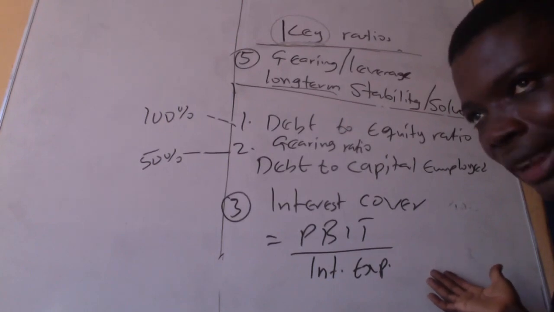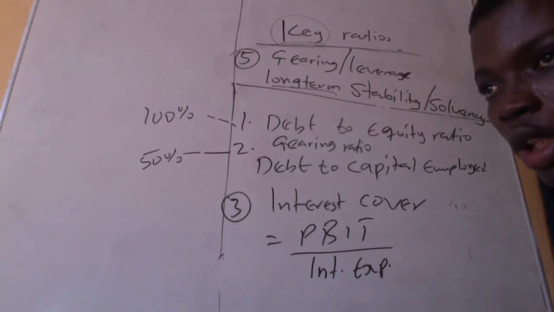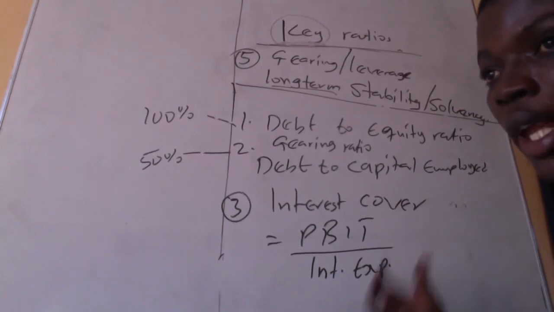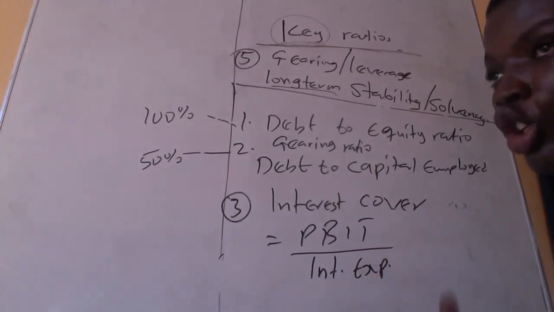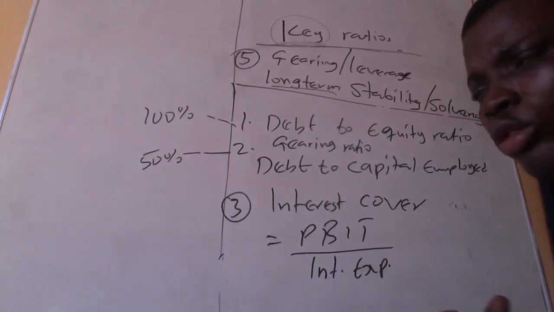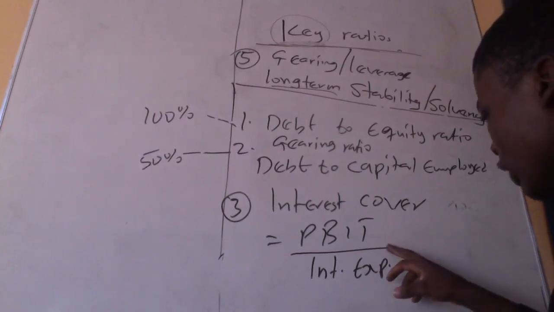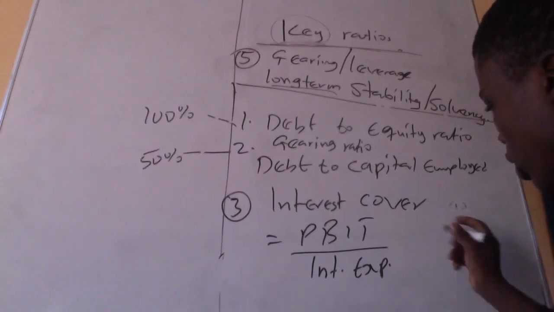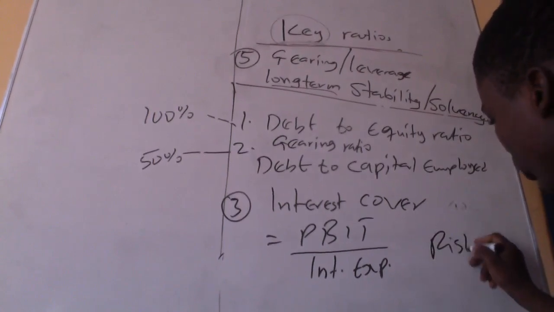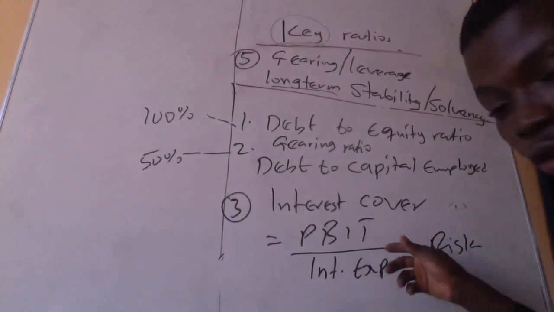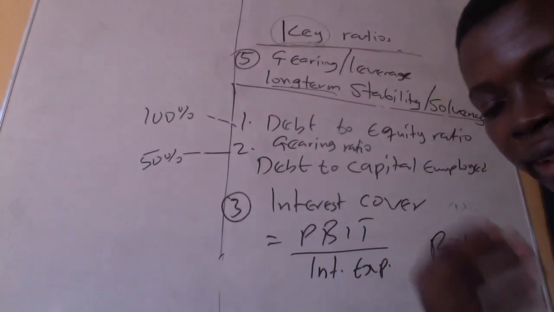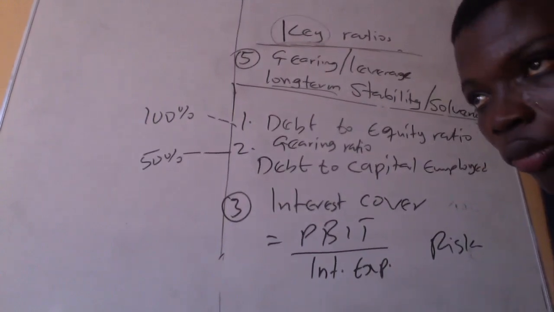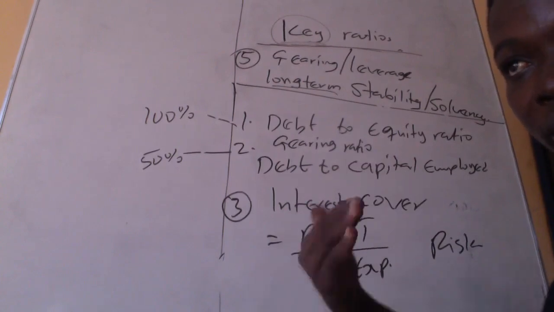Here, the higher the better. Because if it is high, it means that you can pay off your interest so many times, and that's good news. Now, if it goes low, there's a danger there. There's a risk. Why is there a risk? If your profit before interest and tax is low, it suggests that shareholders' dividend is at risk.